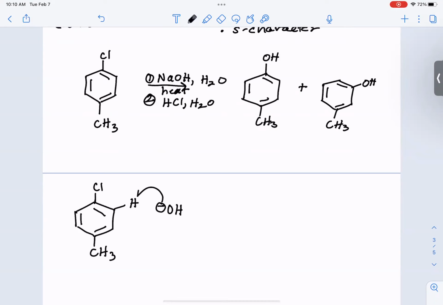Your OH group is going to take the hydrogen, the electrons go in between, and the chlorine leaves. You have your benzyne intermediate.